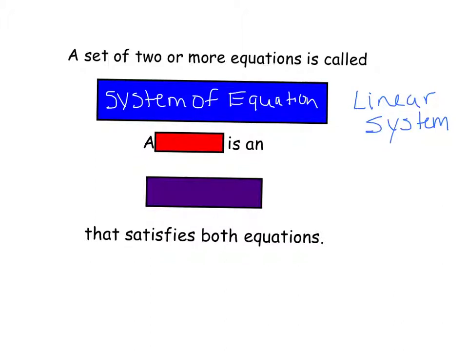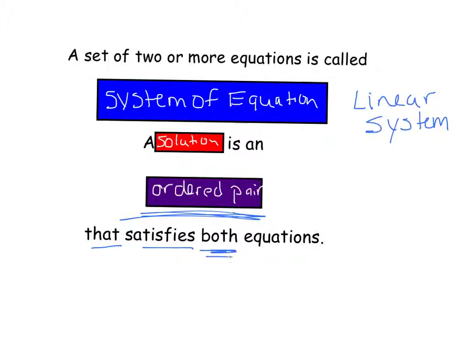A solution. When I ask you to find a solution to the system, it's going to look like an ordered pair. That ordered pair is the coordinates that satisfies both or all of the equations, because sometimes it might have more than two equations.